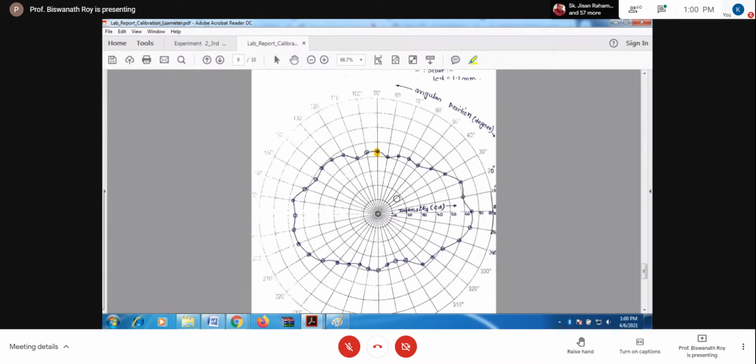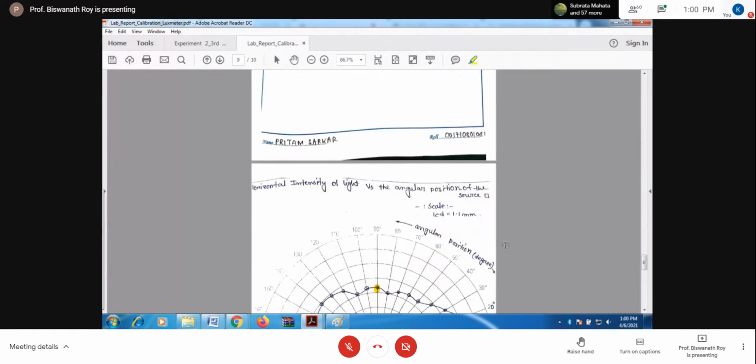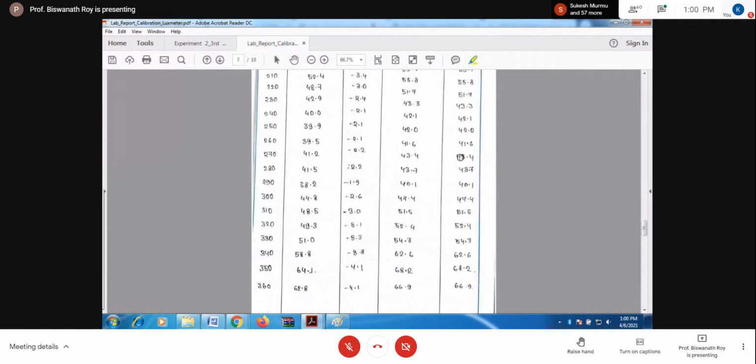So we can assume that in the 90 degree direction, the intensity of the lamp is very close to 45 candela, whereas for the 0 direction, the intensity of light is very close to 65 candela, because this line is 60, this line is 70, so this point is in between, 65 candela. So in this way, the dots are taken corresponding to the data points, right?